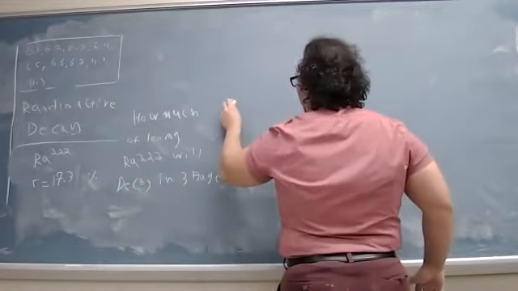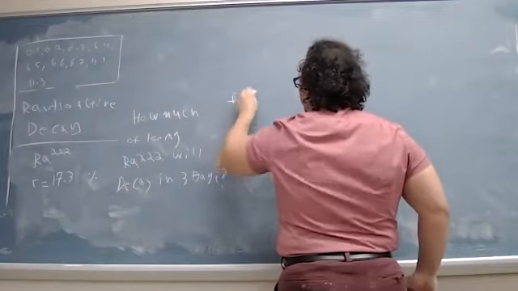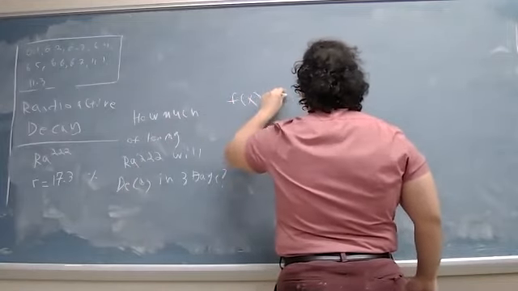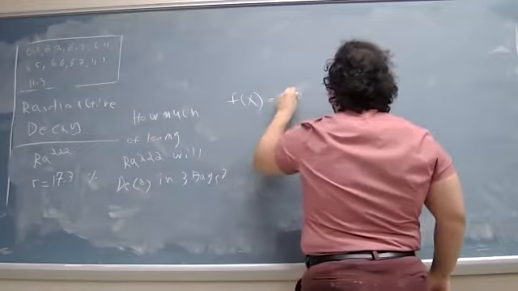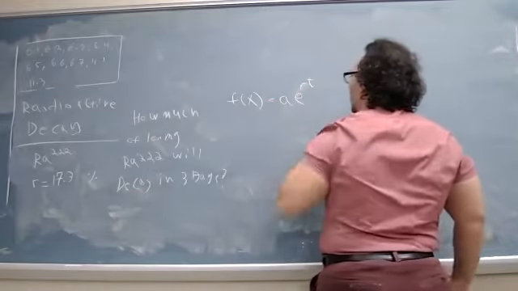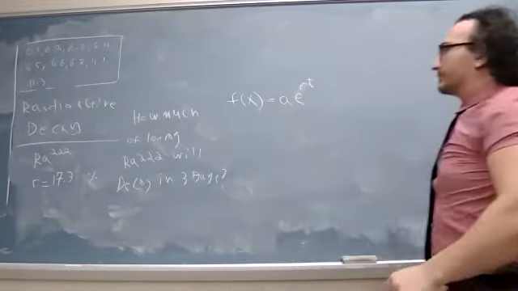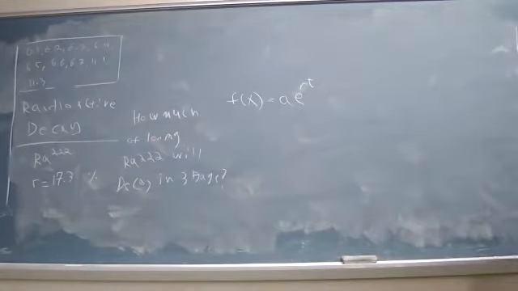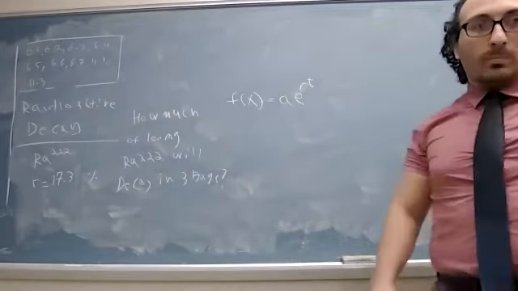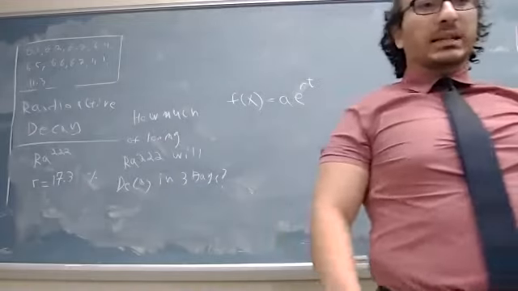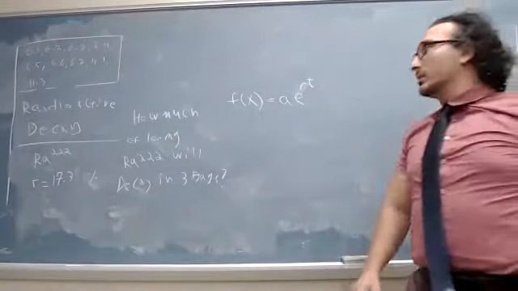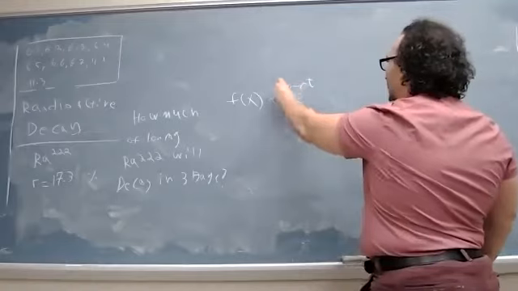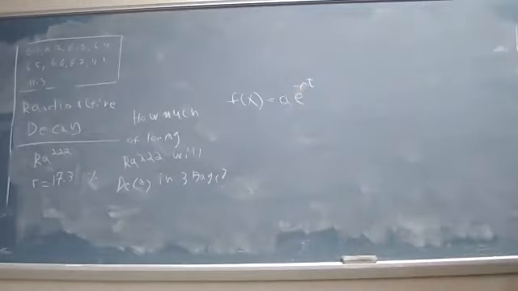Again, the decay rate is modeled by a continuous exponential function. But we notice that since it's decaying, there needs to be a negative on this rate.